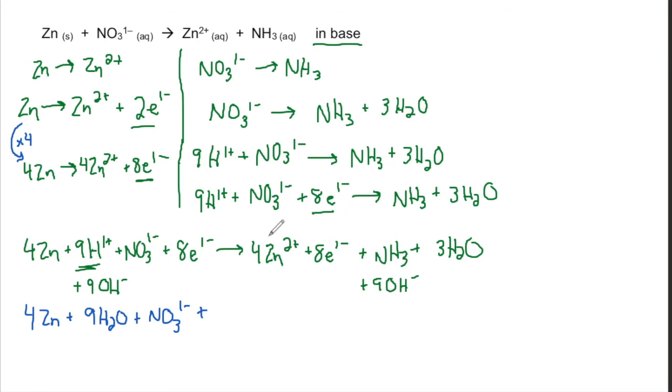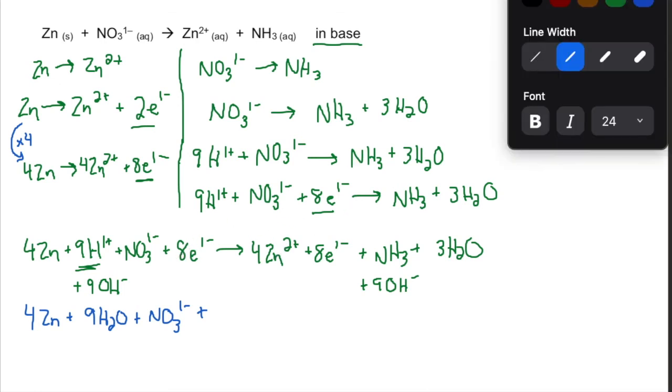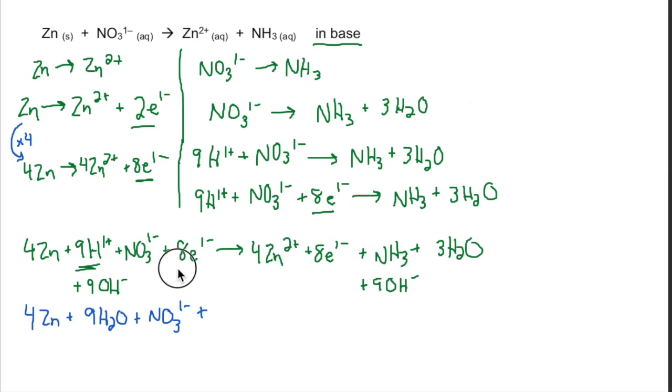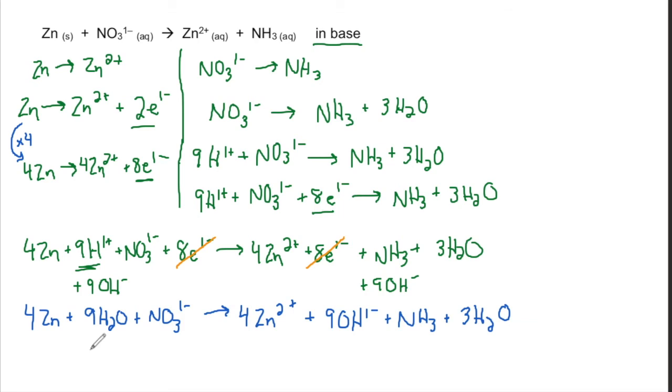Oh, I forgot to simplify by removing these 8 electrons. Let's just do that here. We don't have to copy them down again, we'll just cancel them. Okay. Now what we have is some water that appears on both sides of the equation. Here we have 9 on the left and 3 on the right.